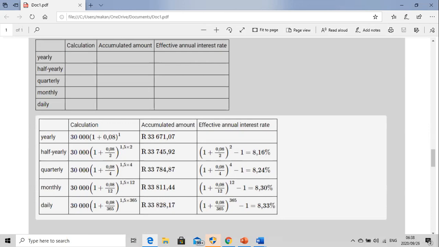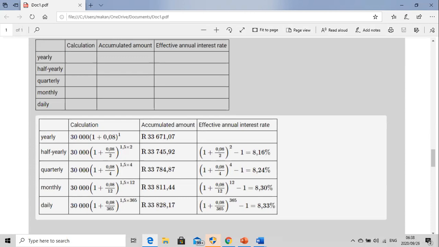So you can tell that if you compound it 3 times, then it will actually give you a different amount, because 1.5 times 2, of course, gives you 3. So it means your interest will be calculated 3 times, as opposed to the next one there, where you multiply 1.5 by 4.